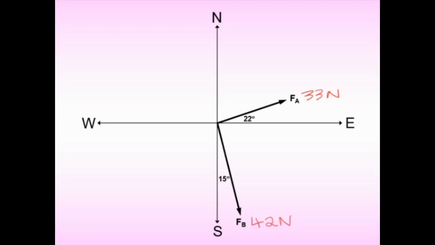Where do you think I should place FC? Everyone, how should you pull to cancel the effect of those 2? Question, can you pull this way? Why can you not pull this way and cancel everything? Because then everything is pulling to which way? To the east, or to the right. So that doesn't work.